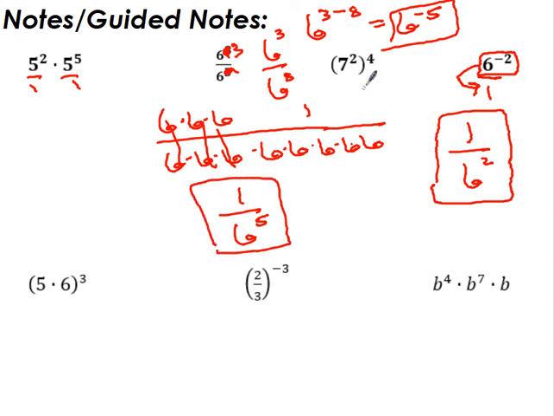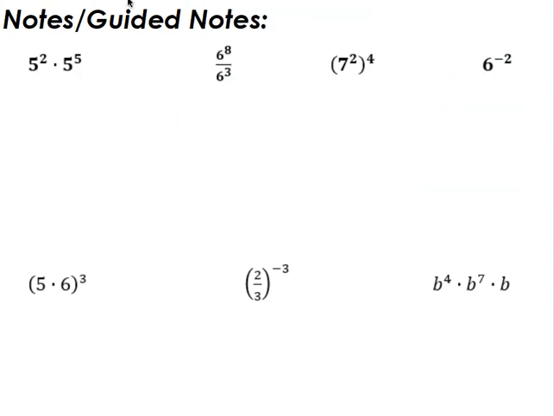So these are equivalent to the same thing. But we don't like negative exponent answers, so whenever we get a negative exponent, we do have to make it positive by flipping it. Okay. We're going to move a little bit quicker through these last ones, because those are the main properties.